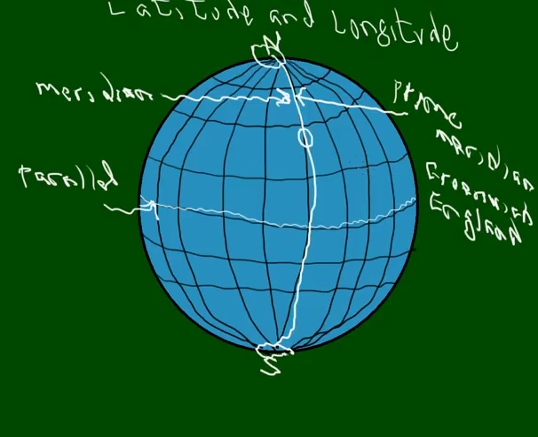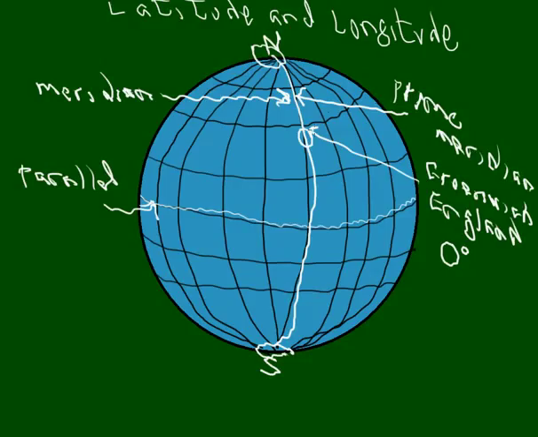Some other countries do have a different prime meridian that runs through other places, but most of the time Greenwich, England is the prime meridian for the lat-long grid. So right here, the prime meridian runs right through Greenwich, and at Greenwich the longitude is 0 degrees.